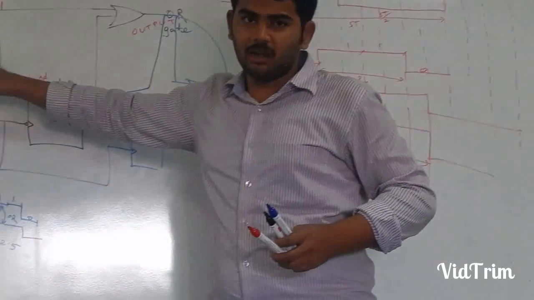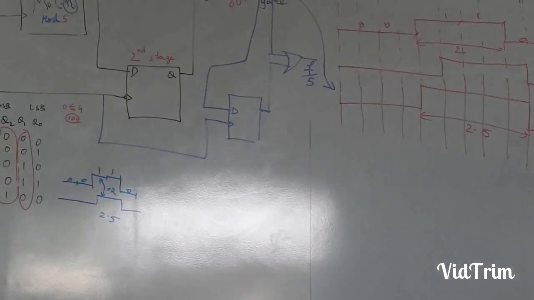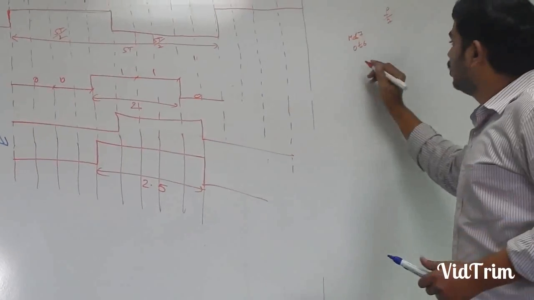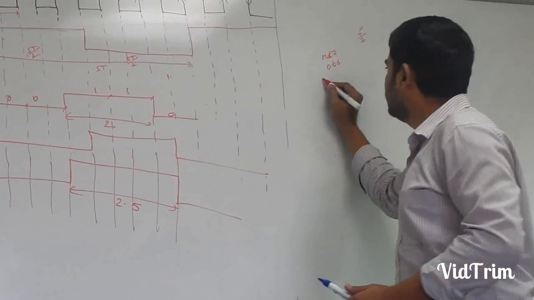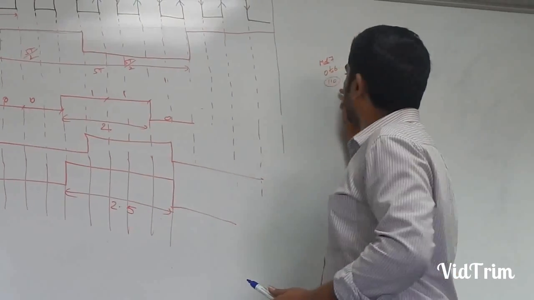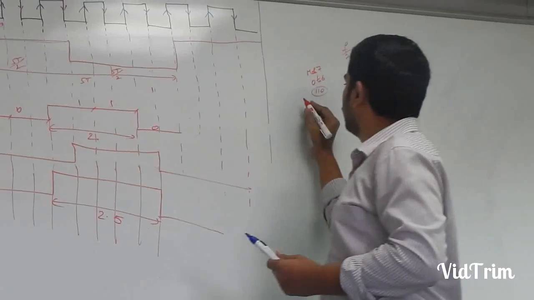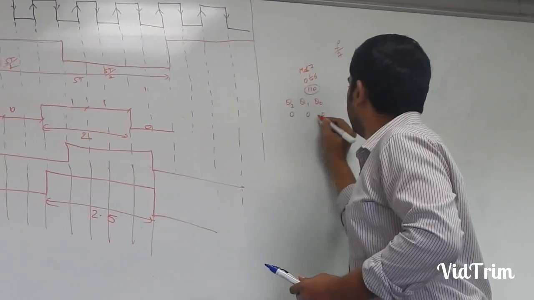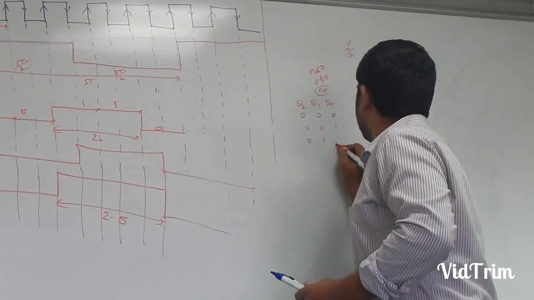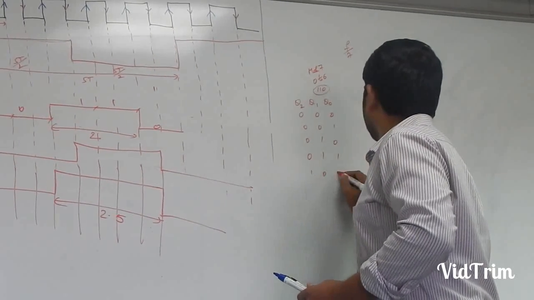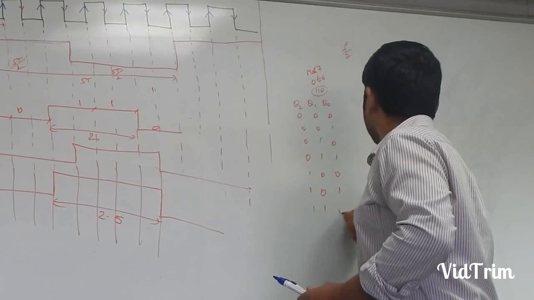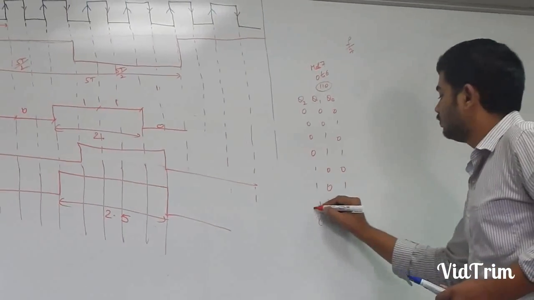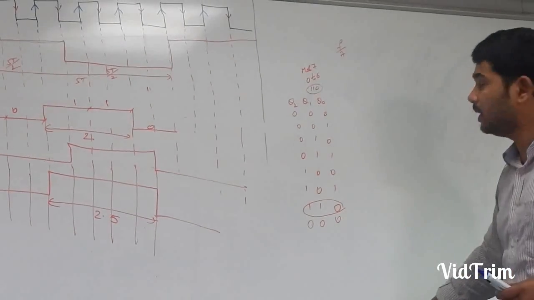A mod 7 counter counts from 0 to 6, which is 110. The minimum number of bits is 3. So Q2, Q1 and Q0: 000, 001, 010, 011, 100, 101, 110. Then again the sequence repeats.